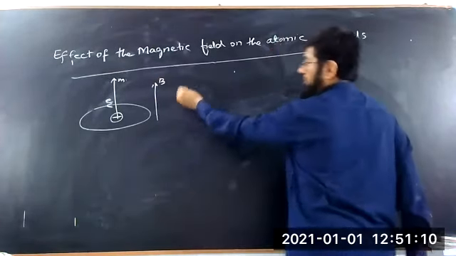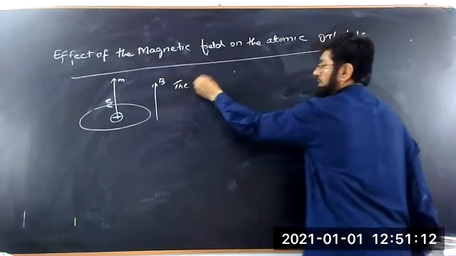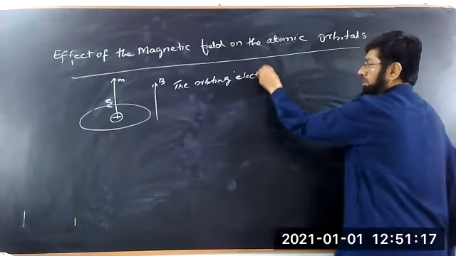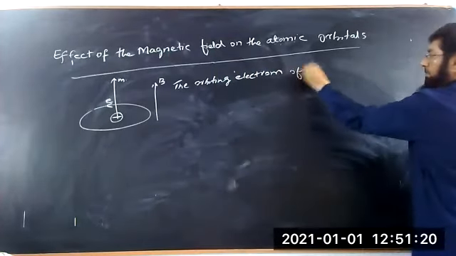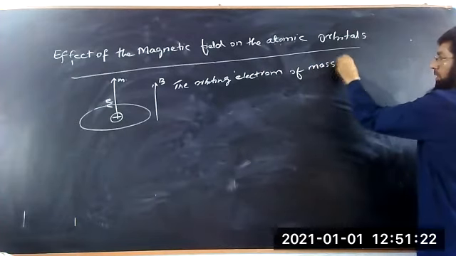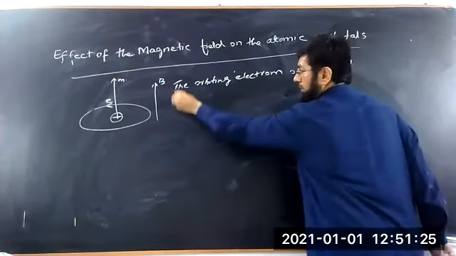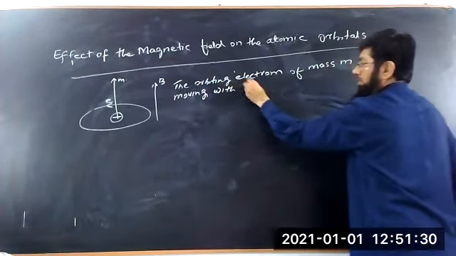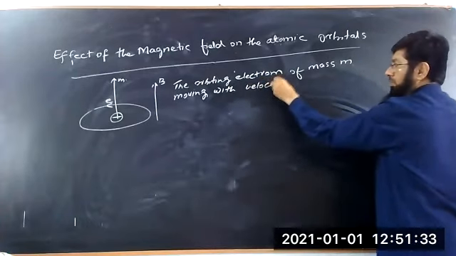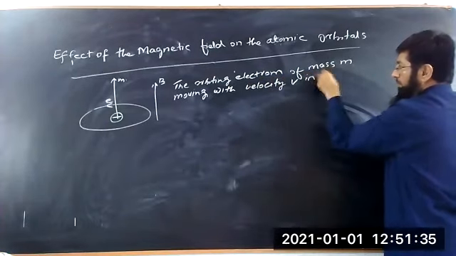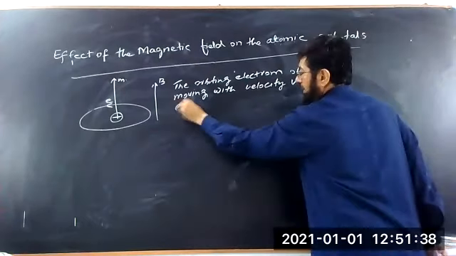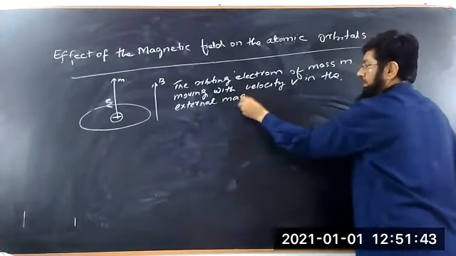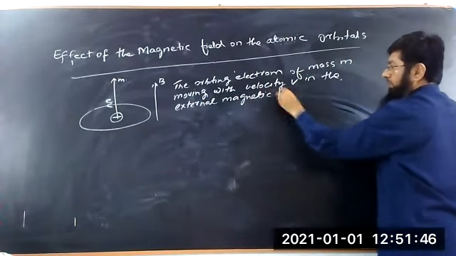The orbiting electron of mass m moving with the velocity v in the external magnetic field.